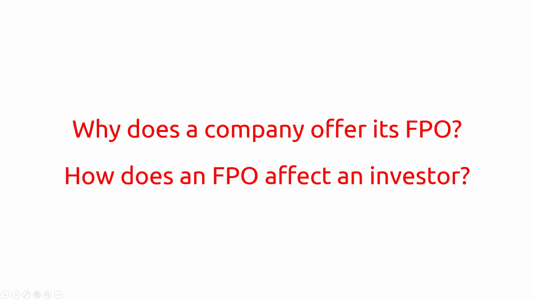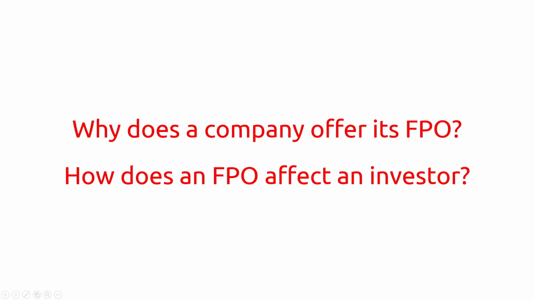Now, the FPO price will generally be lower than the current market price. That is the price at which the shares are being traded at. Okay. So when the company offers an FPO, it will be offered at a lower rate. This is done to attract the investors.